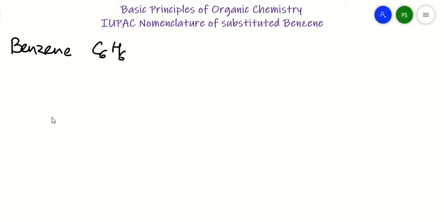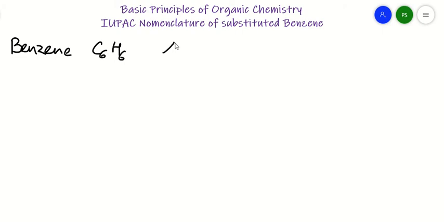Children, the IUPAC name of monosubstituted benzene is obtained by placing the name of the substituent as a prefix to the parent skeleton, which is benzene. Before that, we will study what benzene is. As you know, benzene has the molecular formula C6H6.